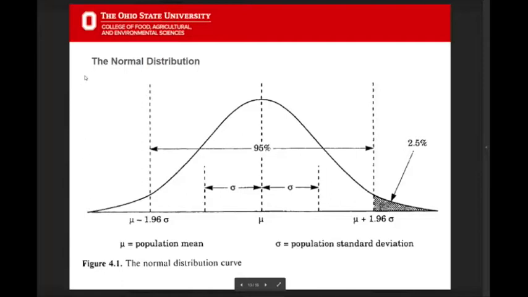Invariably, the y-axis is not shown, but the y-axis is always assumed to be a frequency scale. That is to say, and the x-axis here is the range in values that we observe for the population.